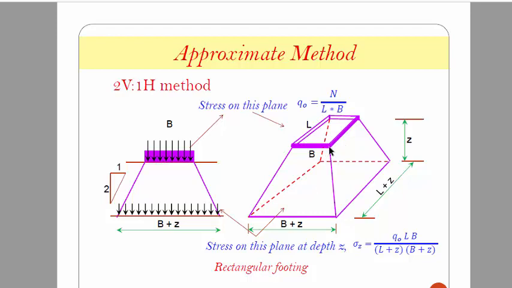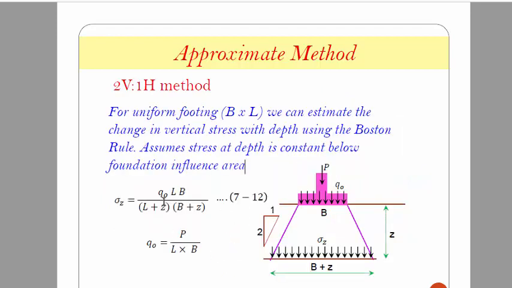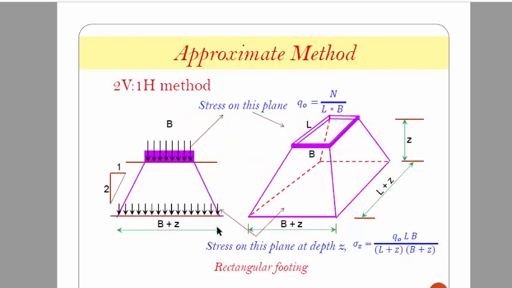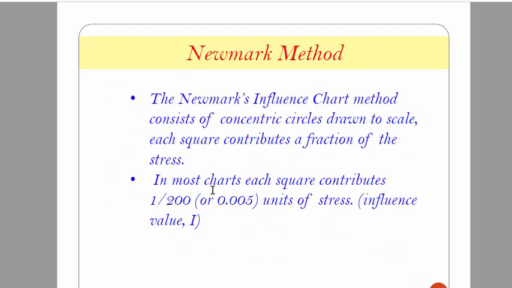This is L by B. We go downward, and this distance is B plus Z, and this distance is L plus Z. So simply the stress on the plane is Q naught, that is N divided by L by B. So what is N? Okay, we are calculating the stresses at this depth, B plus Z and L plus Z. So this is the two vertical, one horizontal method. According to that you can also calculate the stresses on a rectangular footing.